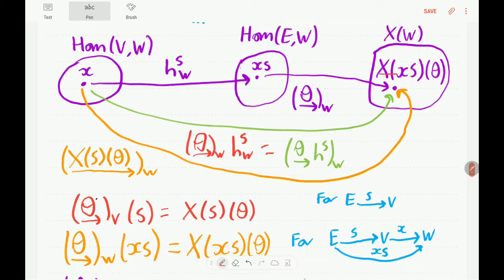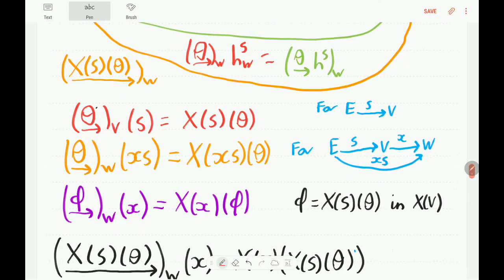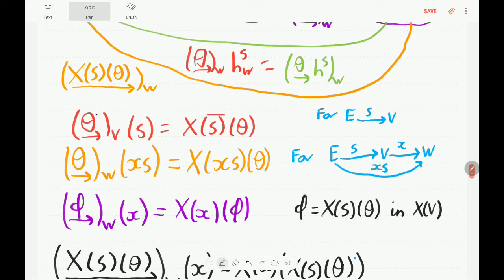So this is the result, shown at the right, of doing this green arrow, starting from this element little x of HOM V comma W. So now all we need to do is work out what happens when we do the orange arrow on this little x, and we want to show that we get the same thing. So again, I rewrite this formula here, which tells us what the natural transformation corresponding to theta looks like, but I'm using different symbols now.